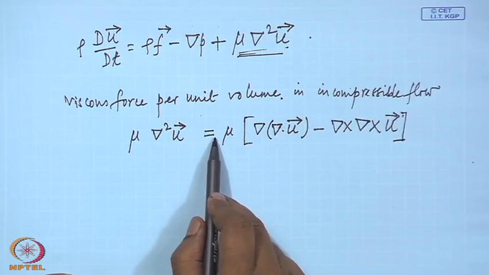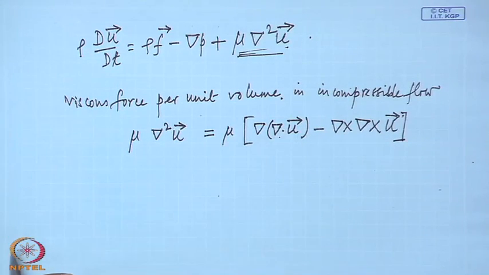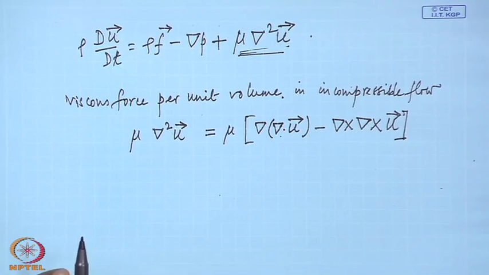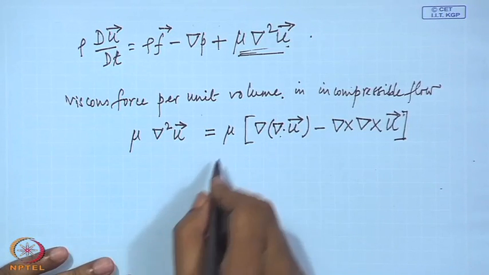Since we are dealing with incompressible flow, this first term is 0, because divergence of u is 0 for incompressible flow.